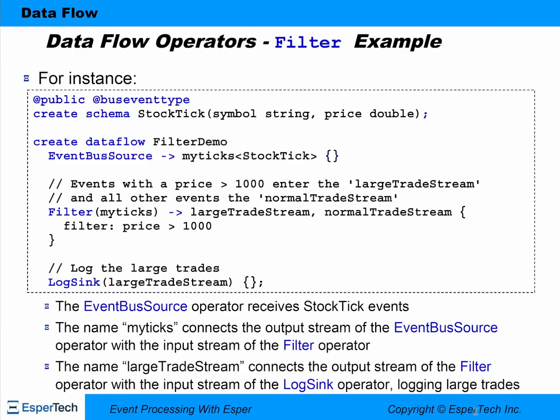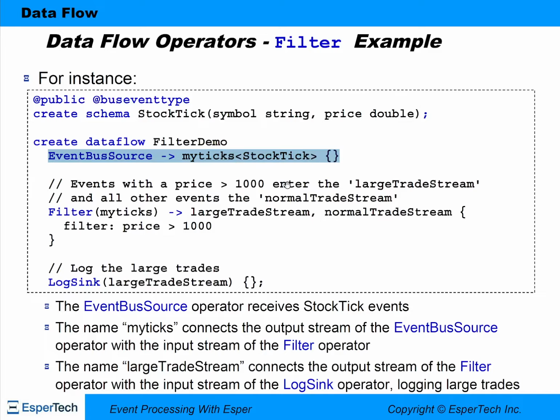For instance, @public @buseventtype create schema StockTick(symbol string, price double), create dataflow FilterDemo, EventBusSource produces mytics of type StockTick.